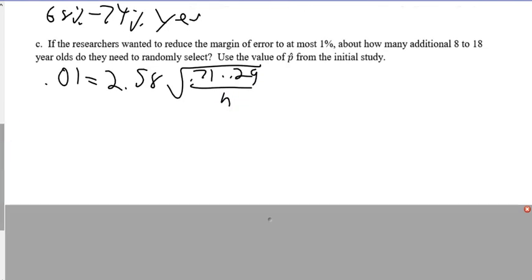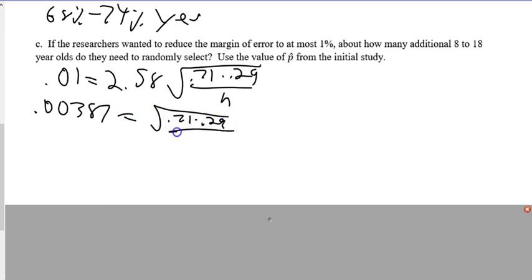We're going to work backwards. So when I divide by 2.58, I get 0.00387 equals the square root of 0.71 times 0.29 divided by n.